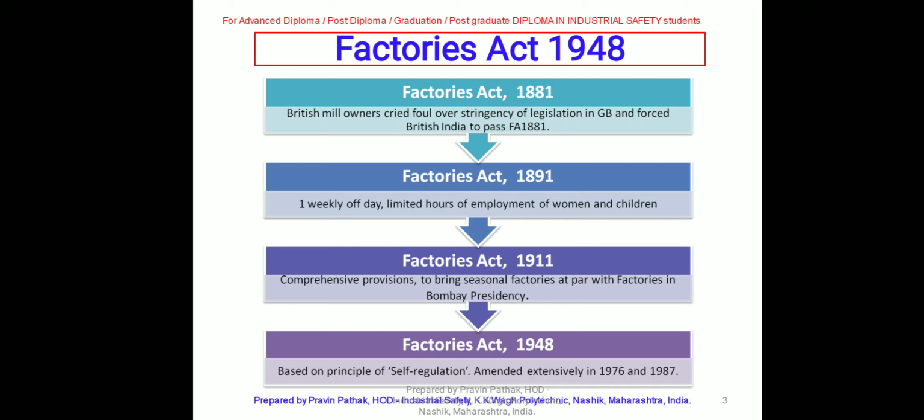Then it was amended in 1911 with comprehensive provisions to bring seasonal factories at par with the factories in the Bombay Presidency. Then the self regulation principle came in 1948, and the Factory Act 1948 came into existence. It was amended extensively in 1976 and 1987.